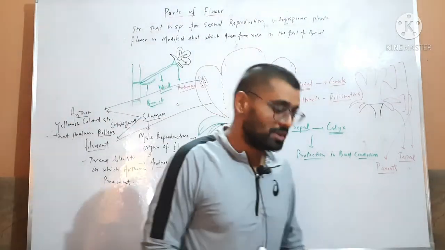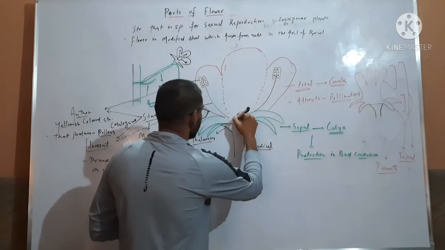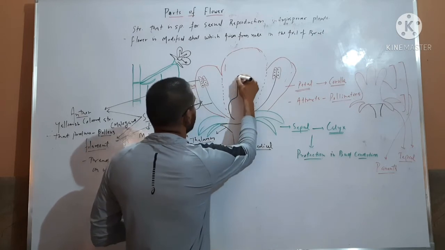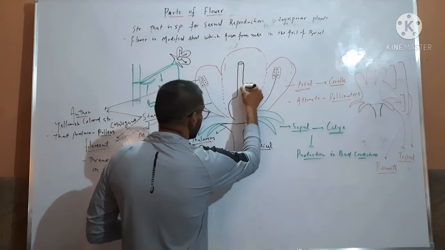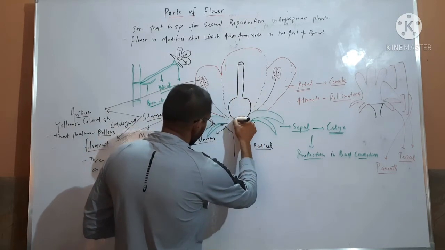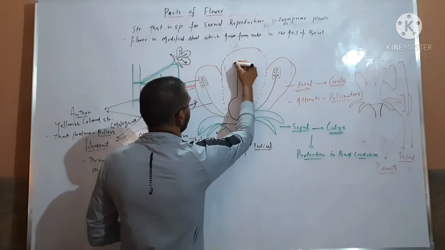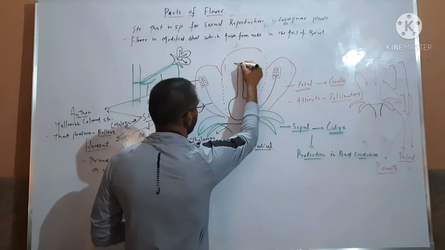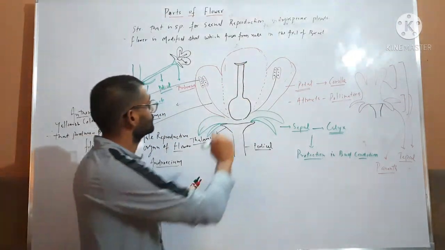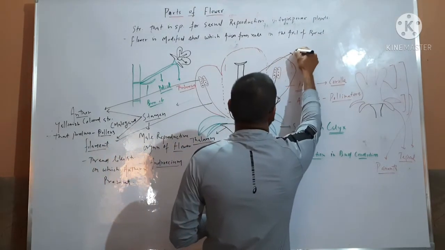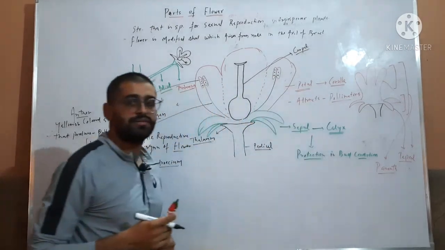So next to this, the last whorl is carpel.